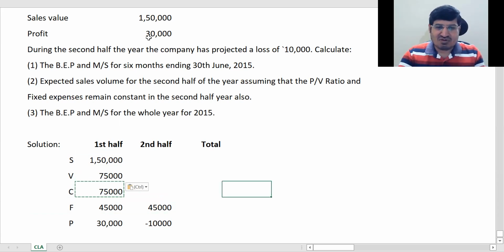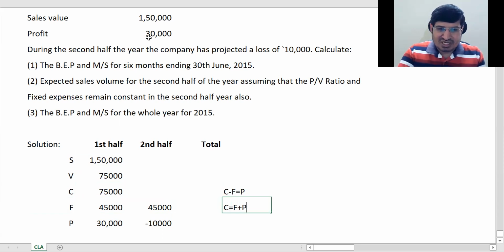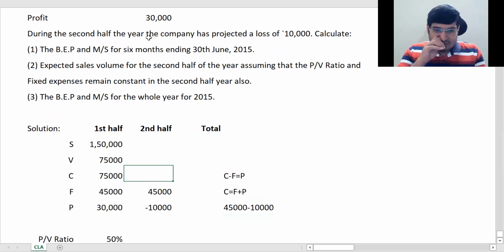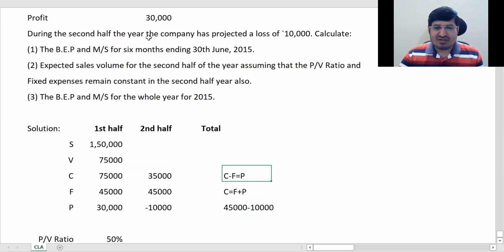Again C will be equal to F plus P. F is 45,000, and because P is minus, F plus P is basically 45,000 minus 10,000. How much is that? 35,000.